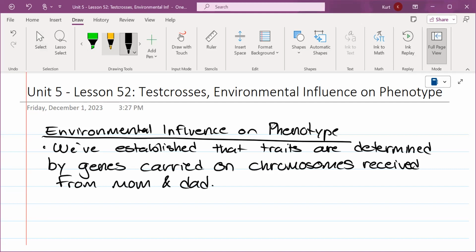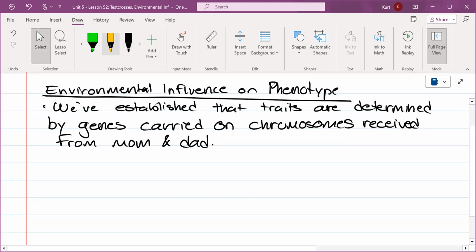Well, that determines your genotype. Some of you might have been told, oh my gosh, you look just like your mother, or you look just like your father. That's genetics, that's chromosomal. But there's other factors that can determine your phenotypes besides the traits you inherited from your parents.